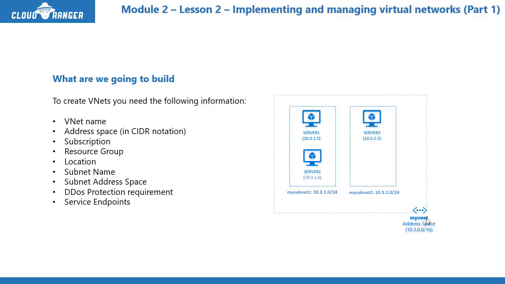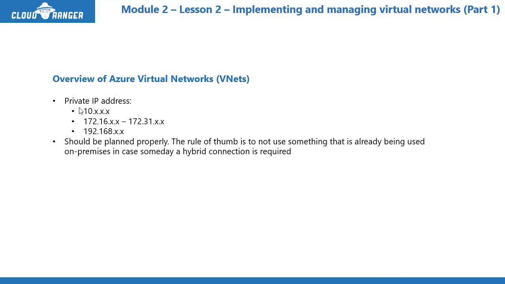In production, I mean, if you're going to build this in production for your work, or even in your lab, you can have any VNet name you choose, right? I mean, it really is yours. It's internal to you, so you can have whatever you want. We need the address space in CIDR notation. So this is the address space I'm going to use because, technically, I can really use any addresses that I pick from here.